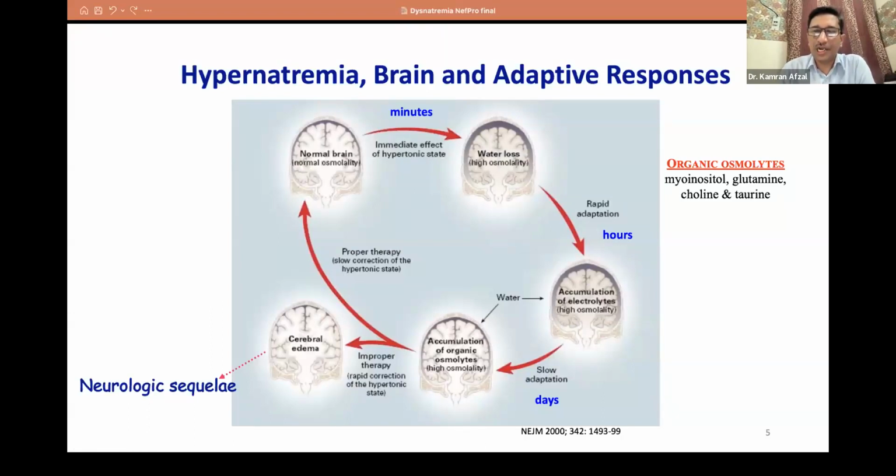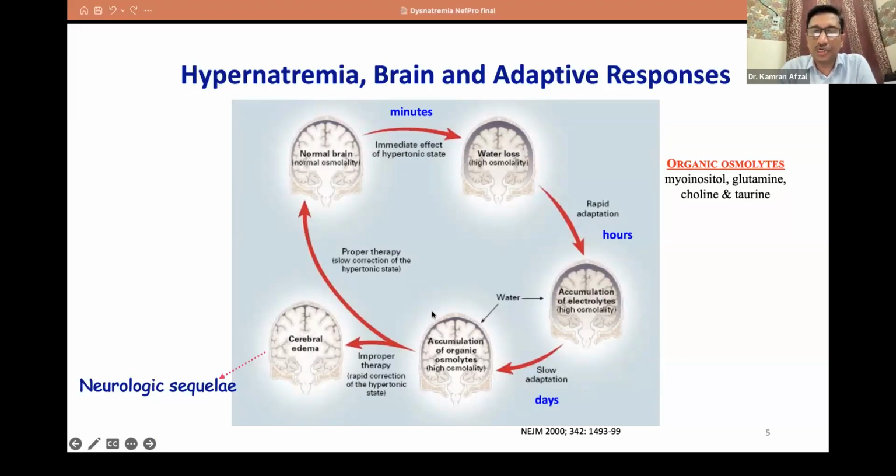However, these electrolytes must return to their original place, and over days, a slow adaptation mechanism takes place wherein organic osmolytes are generated within the brain to counter the hypertonicity in the extracellular fluid. Once this has happened, which usually takes place around 2 to 3 days after the onset of hypernatremia, rapid correction of hypernatremia should always be avoided, because the tonicity in both the extra and the intracellular compartment is now balanced and high.